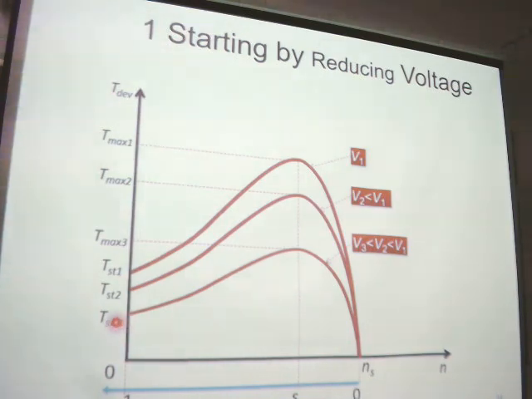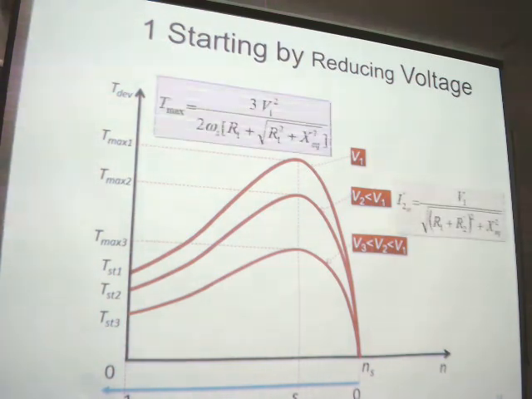So this is the disadvantage of this method. Just the equation is here. The curve is joined by these two equations.